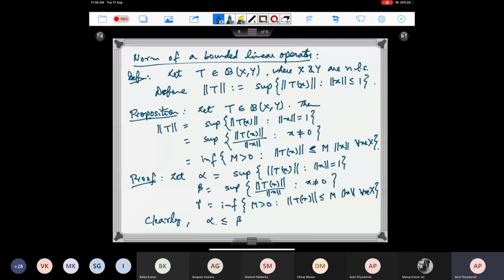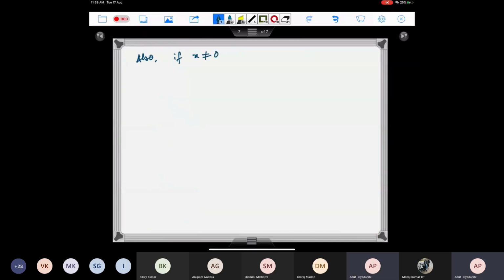And if x is any non-zero vector, then x by norm x is a unit vector.